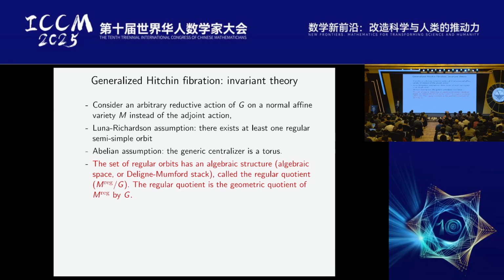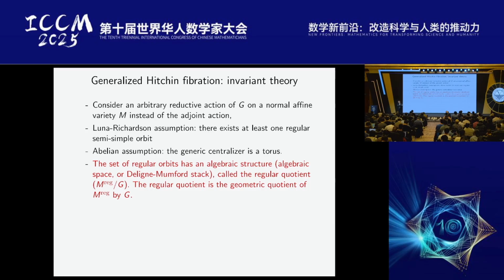But there's another quotient, which I call the regular quotient, which is more intuitive. You just keep the regular orbits, the orbits of maximum dimension, and delete the other orbits. Then you can form a quotient, like a geometric quotient, which is just the set of regular orbits, and you can give them a canonical algebraic structure.